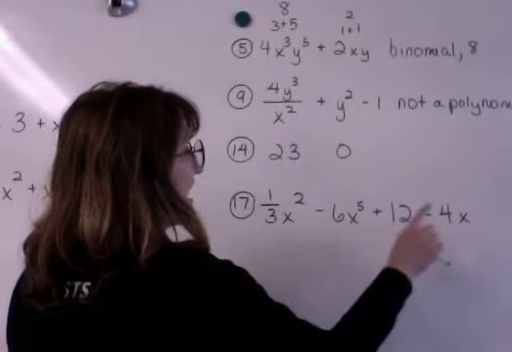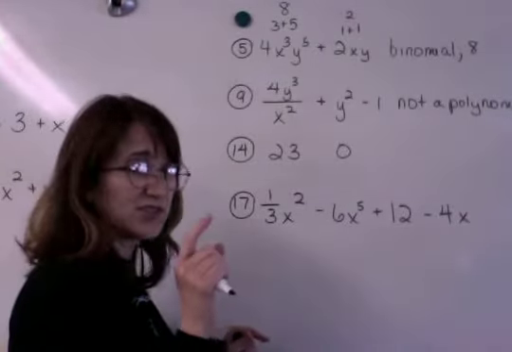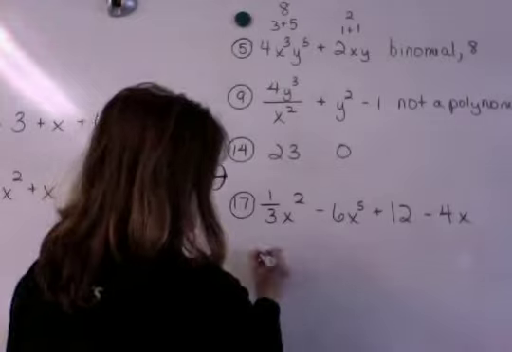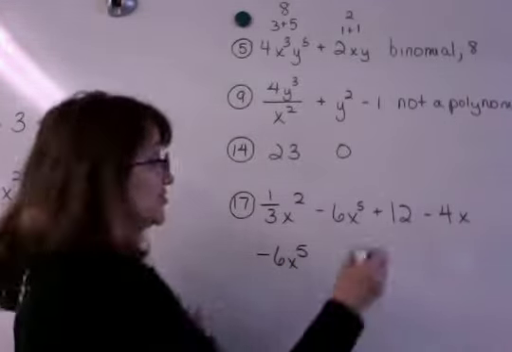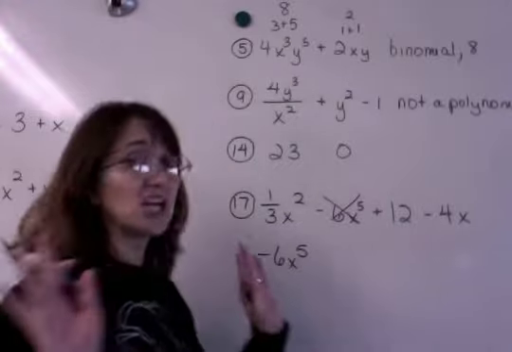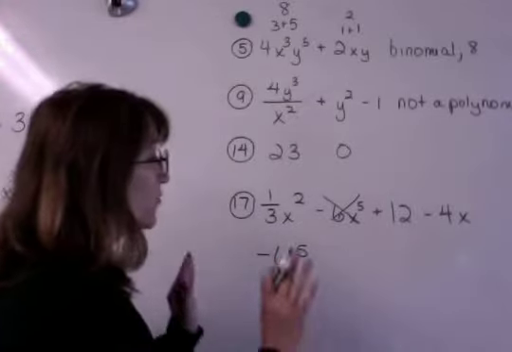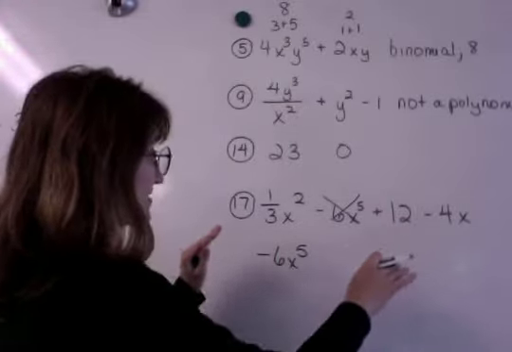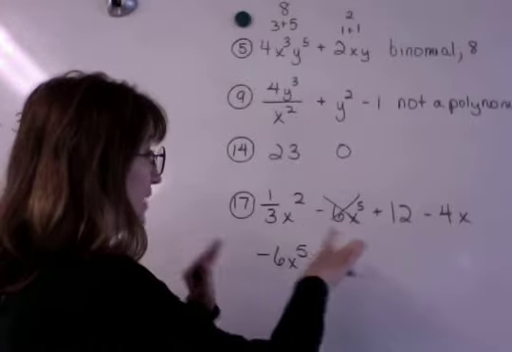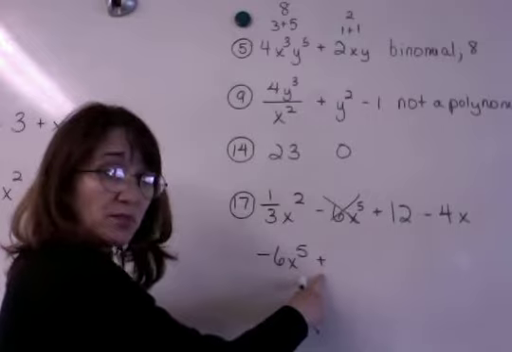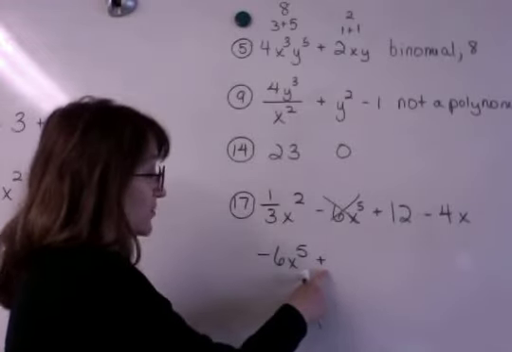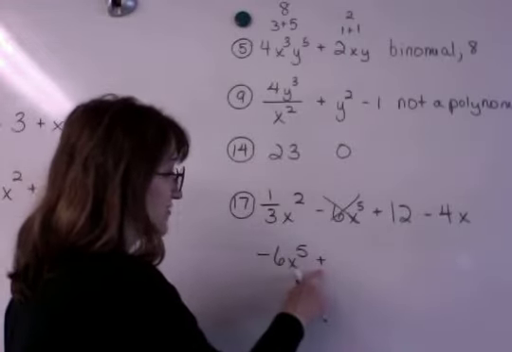The one that has the highest power, or the highest degree, is this negative 6x to the 5th power. If you want to, you could just mark it out. Okay, I got that one. Then compare the next two x's. What's your next biggest power? It's the 1/3. Make sure you put in a plus because that's what you're doing. It's not negative, it's positive.